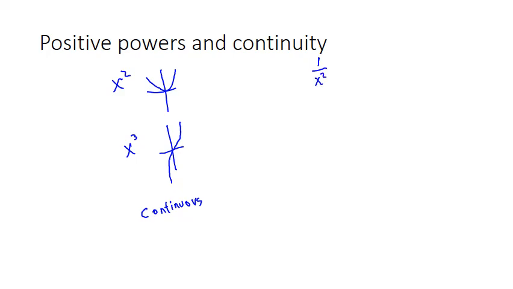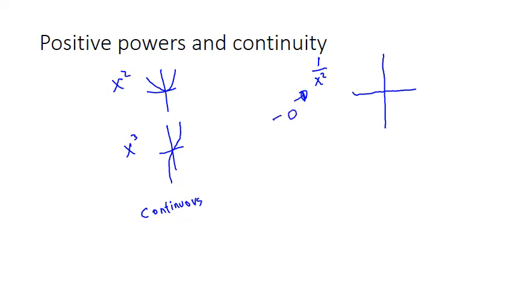We already looked at graphs for things like x squared and x cubed. And we noticed that for each of these, that they were going to be continuous. Whereas if we had something like 1 over x squared, its graph would not be able to accommodate a 0 here.